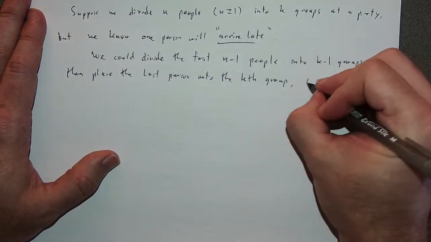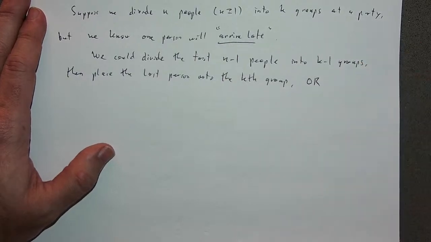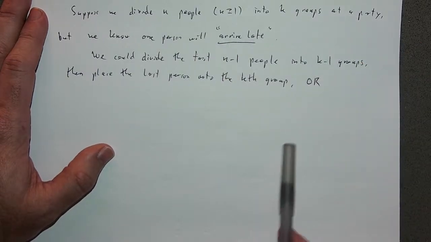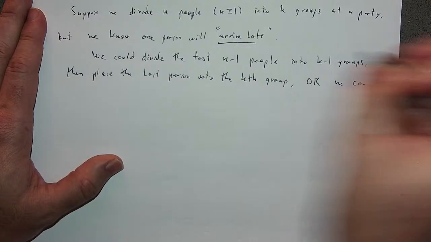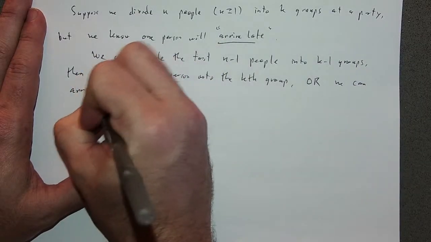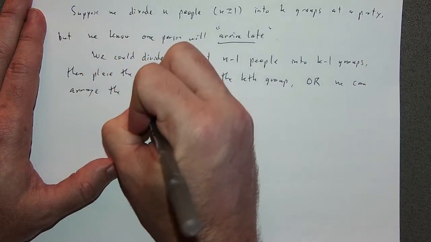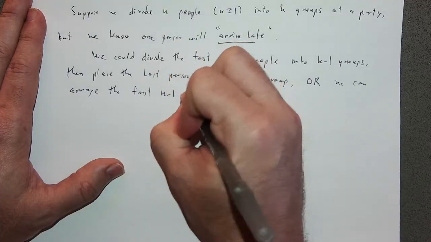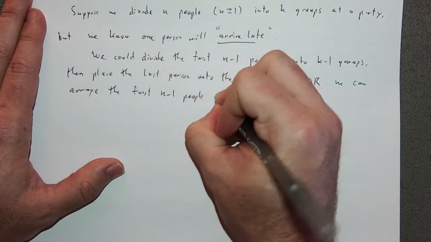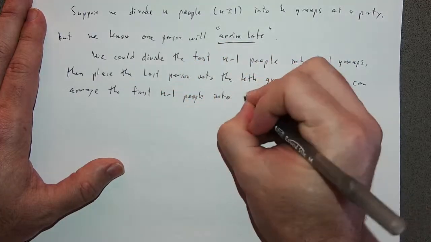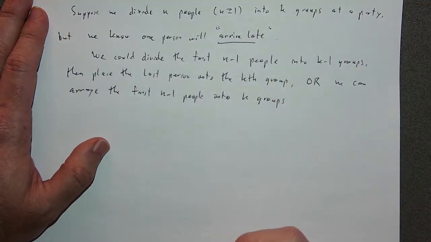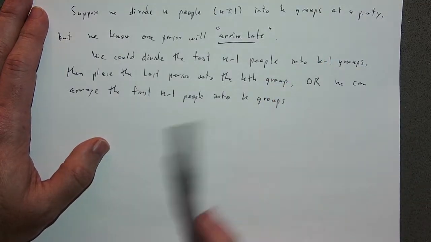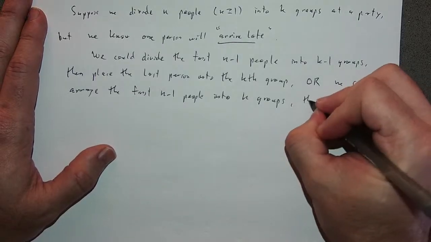Or we can arrange the first n-1 people in k groups, then pick a group for the last person to join.